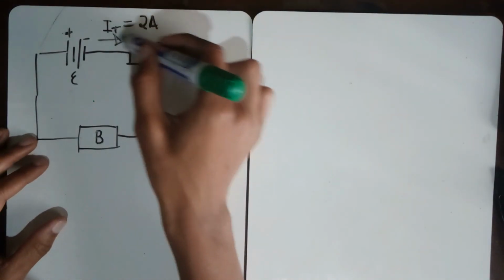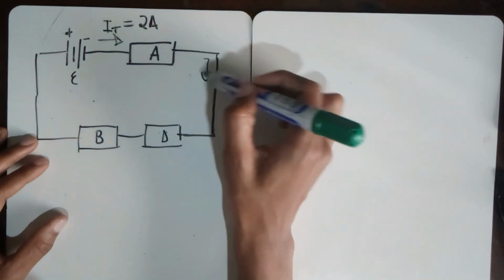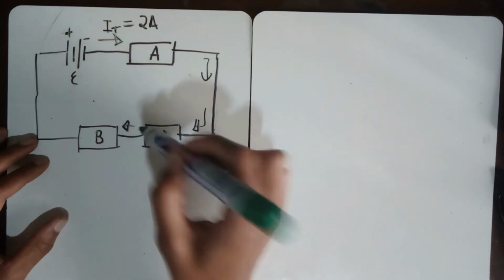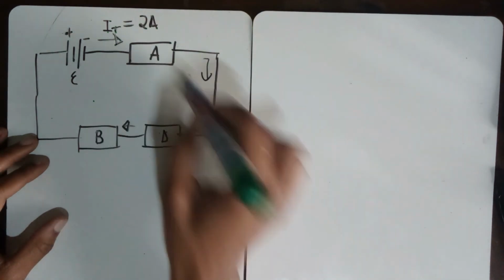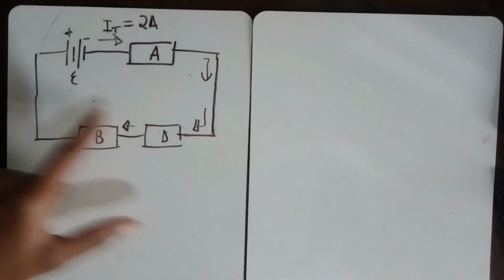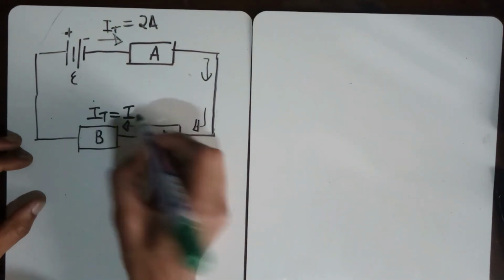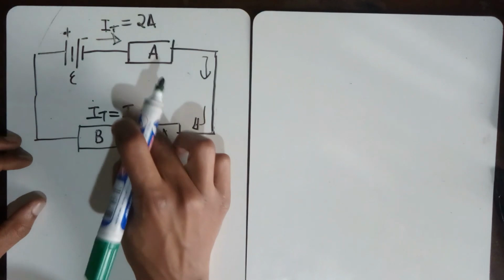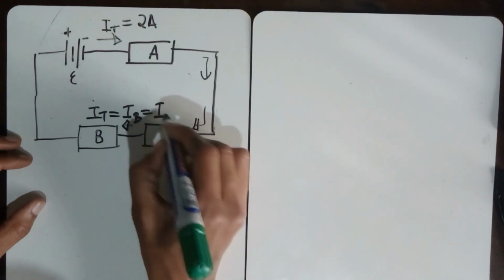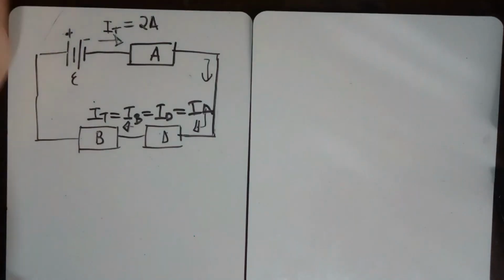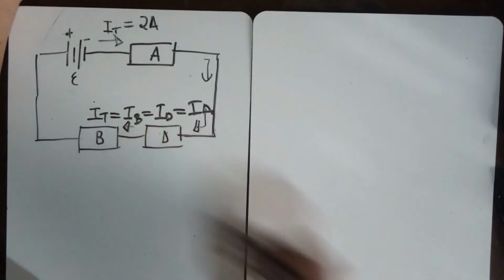The same current will come through A, there's the current IT through B, up until the same current. All of these resistors are connected in series, and we know that resistors in series have the same current as the total current. So IT will be equal to IC, which is equal to IB, which is equal to ID, which is equal to IA. So the current would be the same through all of those resistors.